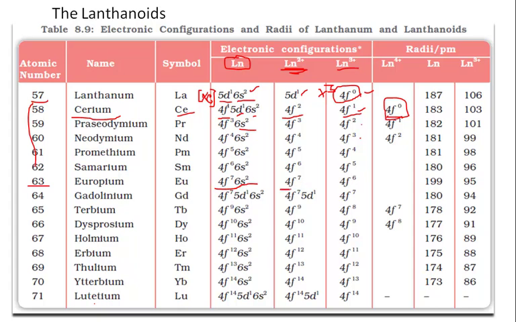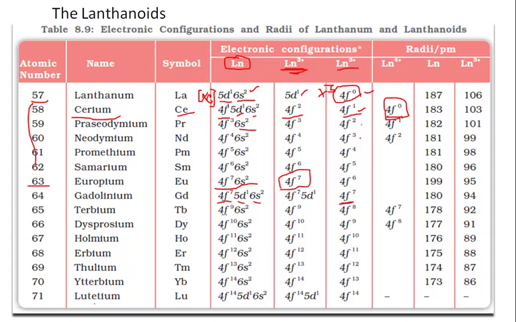That is, in the +2 oxidation state it becomes half filled. The F subshell becomes half filled, so it can also show an oxidation state of +2. Then gadolinium has 4f7, 5d1 and 6s2, so it will show +3 as the most stable oxidation state, because by acquiring that it will have a half filled electronic configuration, which is stable.